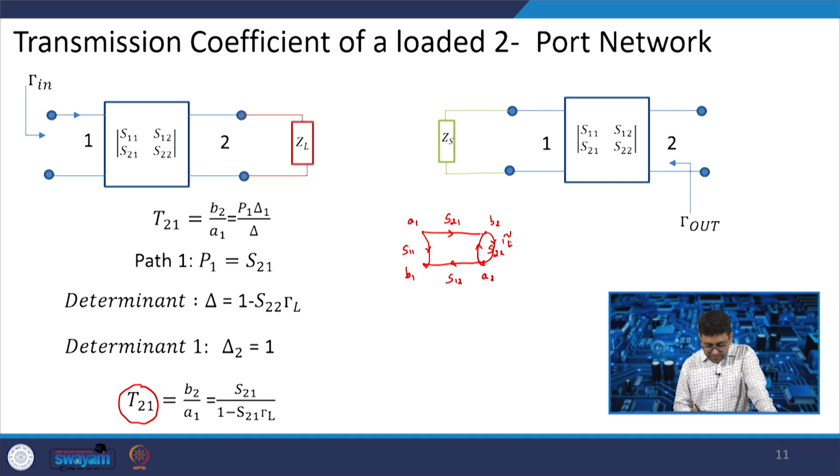If you want to find B2 by A1, how many paths are there? There is only one path, that is S21. How many loops are there which are non touching to the path? There is no loop which is non touching to the path, that is why delta 1 is equal to 1.